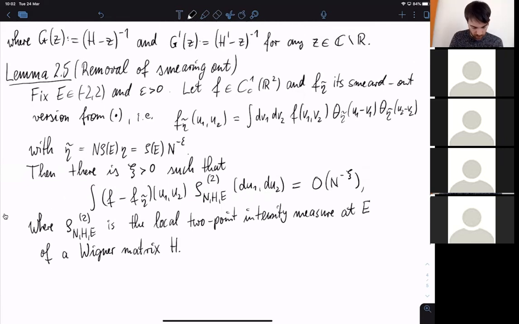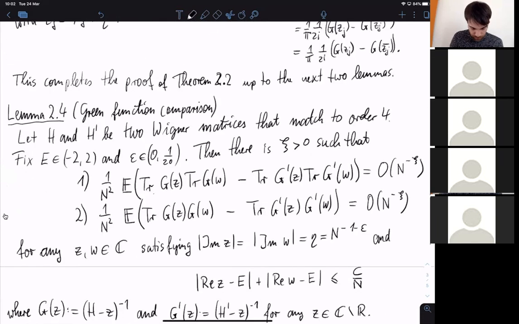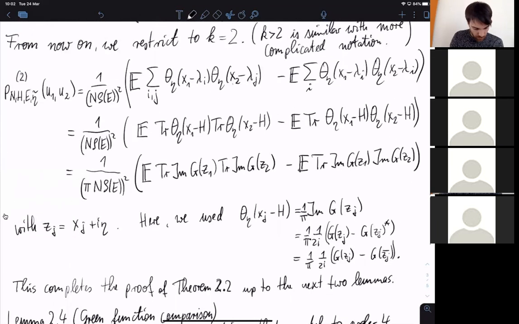Let me now summarize how we then get theorem 2.2. First of all, this formula which we derived here expresses the smeared out 2-point correlation functions in terms of resolvents. So we just need the trace of the resolvent times the trace of a resolvent at different spectral parameter, and the trace of the product of these resolvents.